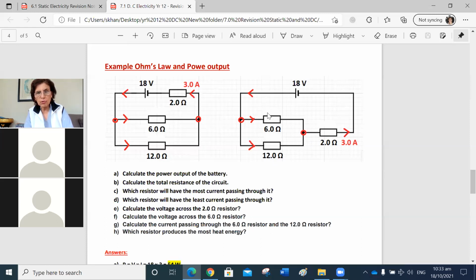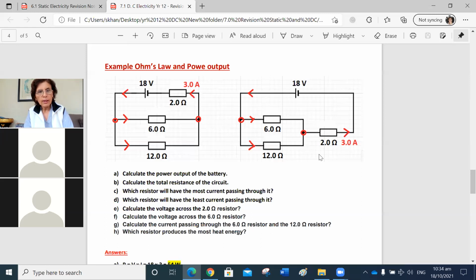So if you're asked to calculate the total resistance, first of all, you calculate using 1 over R1 plus 1 over R2 the resistance of these two. And then you add the resistance of that one to the total of these two together, and that will be the total resistance.